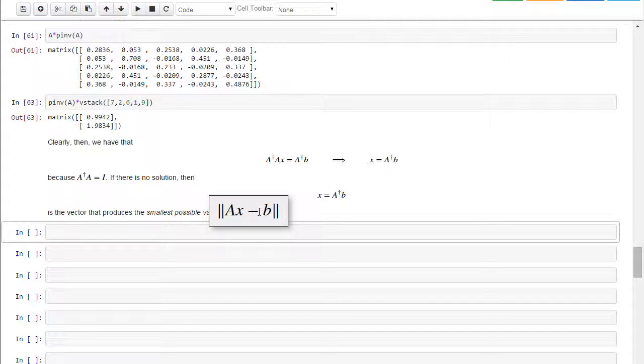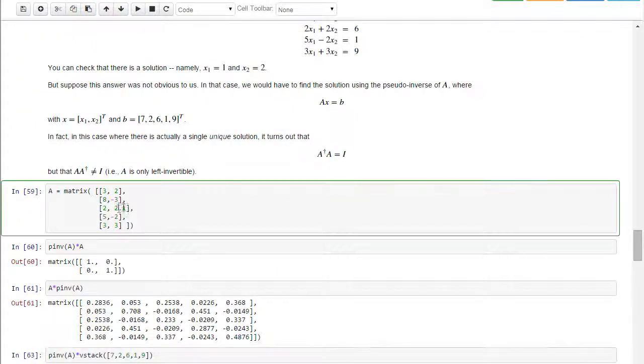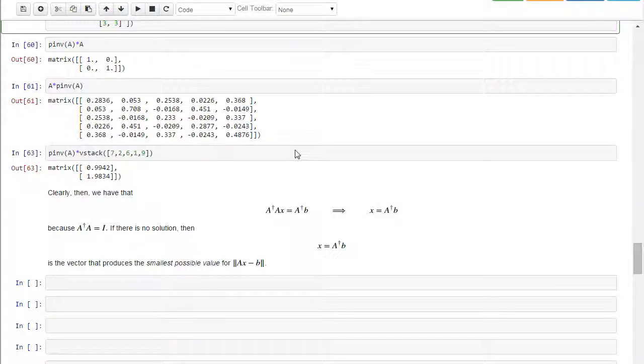Notice if there is an answer here, then Ax minus b is equal to 0. So it is possible to have an answer, as we saw back when this was the 9, and up here we had that was equal to the 2. We get exactly this answer, 1 and 2. But even if there is no solution to this problem, we can still get something close.